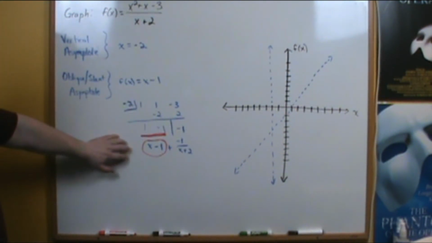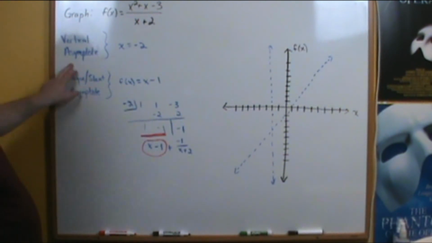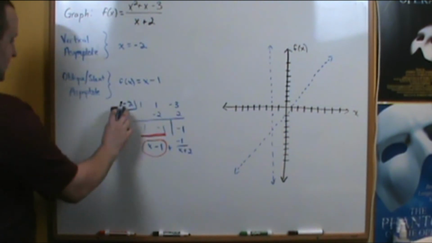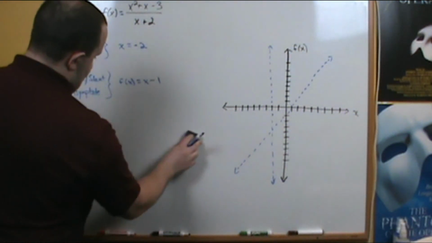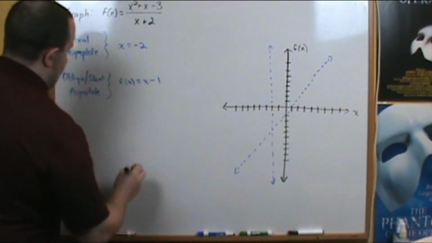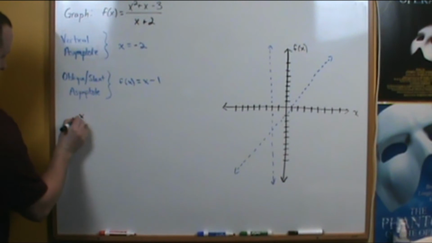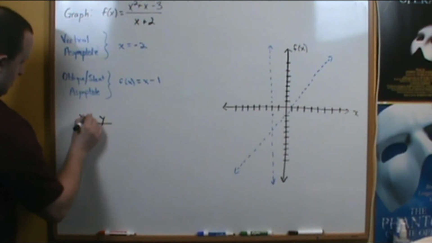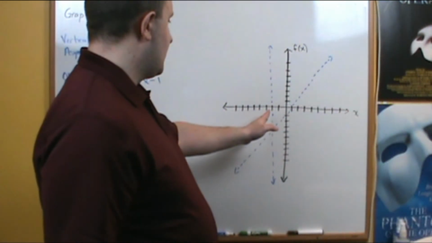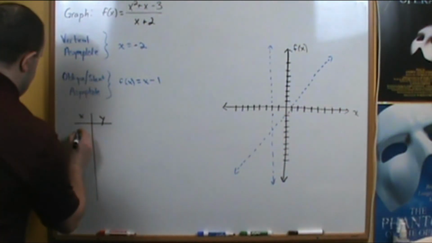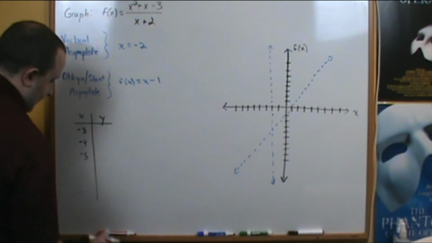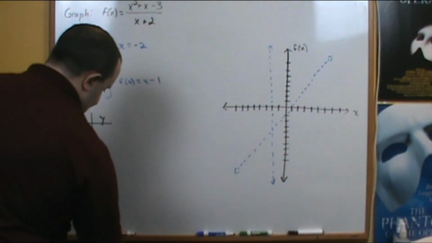So now that we found our oblique or slant asymptote and our vertical asymptote, let's go ahead and graph this function here. And what we'll do is we'll use a table of values here. Let's look at values of x that are less than the value of our vertical asymptote, negative 2. So like negative 3, negative 4, and negative 5.